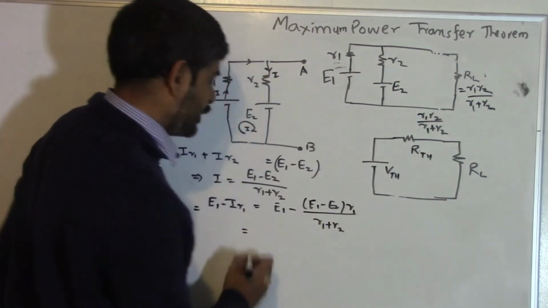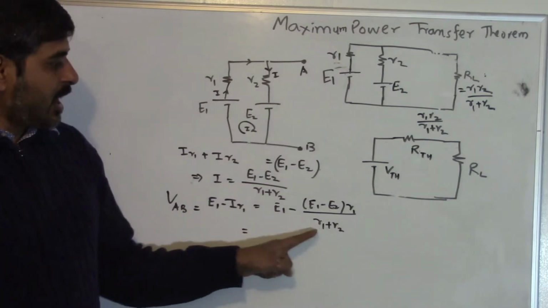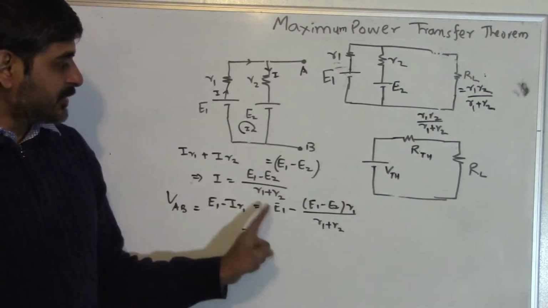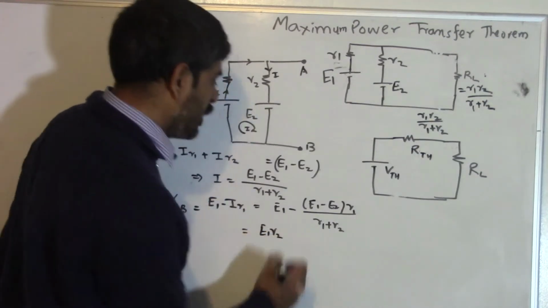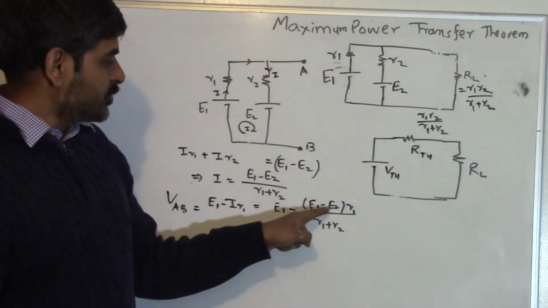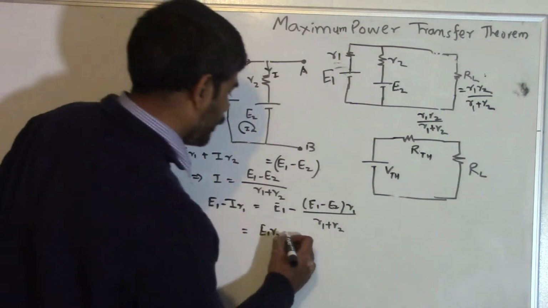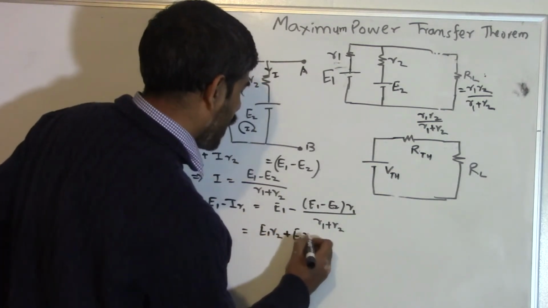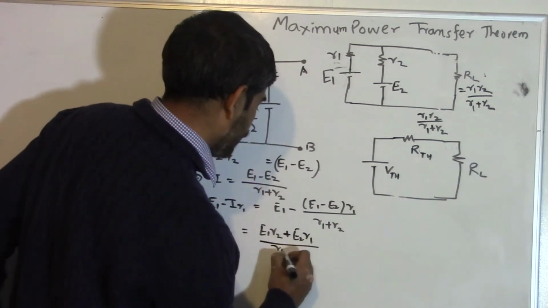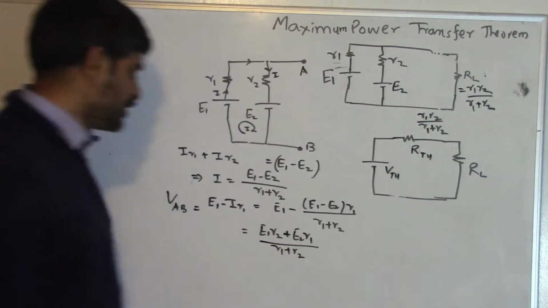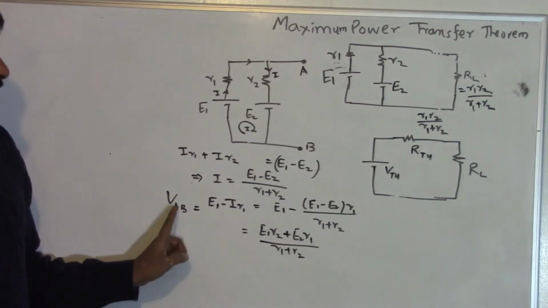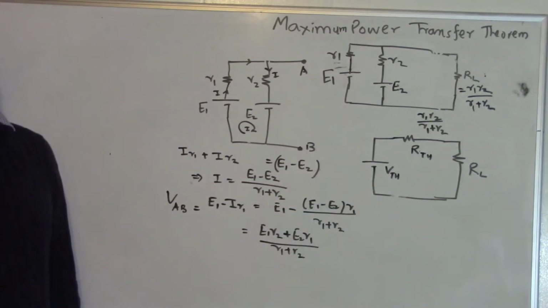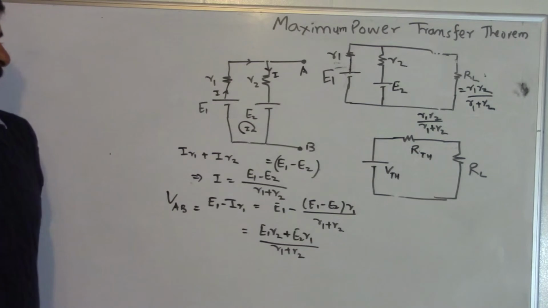If we simplify this, E1 R1 minus E1 R1 cancels, leaving E1 R2 plus E2 R1 divided by R1 plus R2, which is the symmetrical result. And this VAB is nothing but VTH.